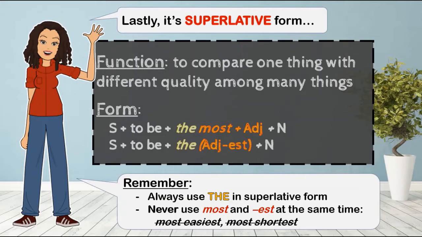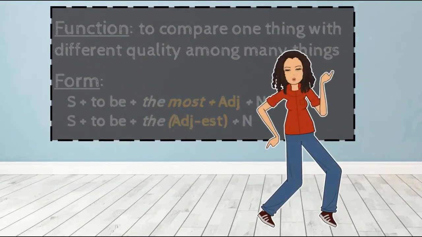And again, do not use most and est at the same time. You have to choose what you need to use based on the rules. So just choose one. Most easiest, it's wrong. Most shortest, it's wrong. Let's go check on the examples.